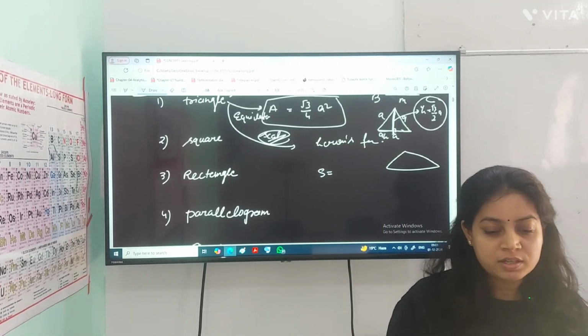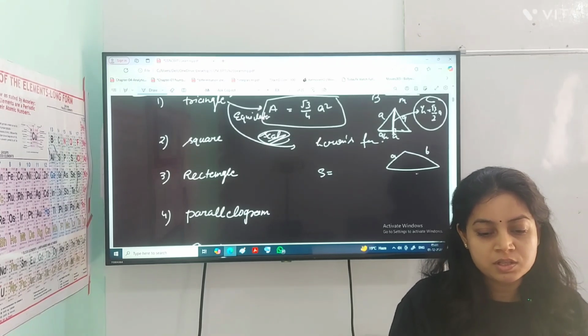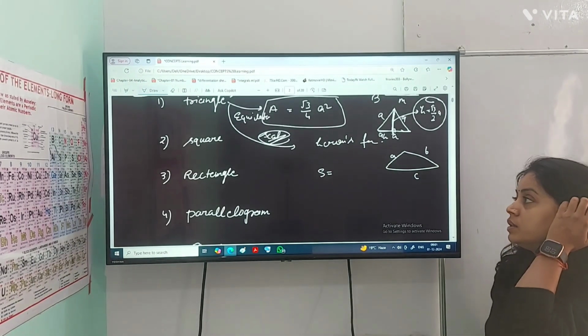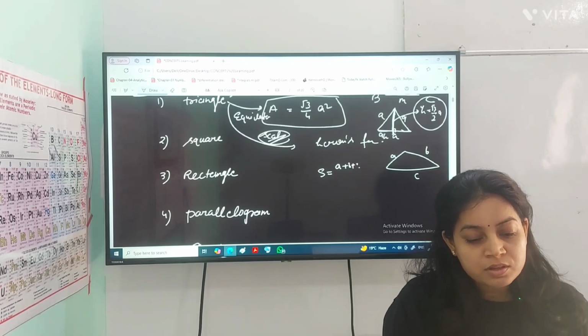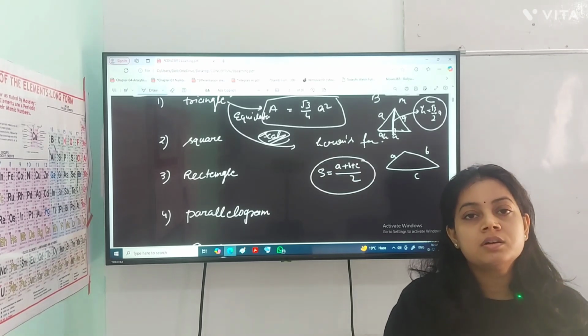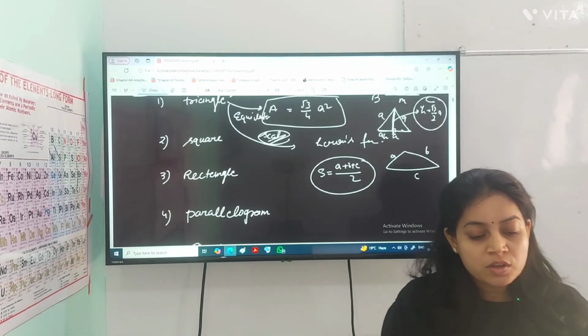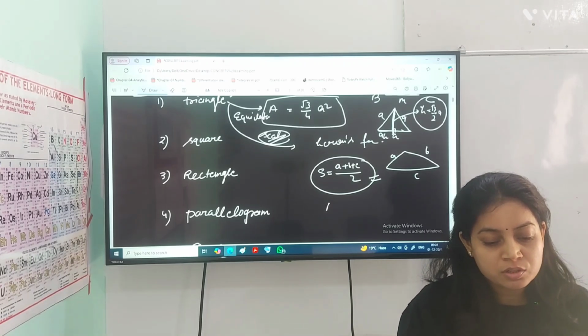In this, we calculate the semi-perimeter. You know, perimeter is the sum of all sides. If all the sides are A, B, C, and they all are different, you calculate A plus B plus C upon 2. This will be the semi-perimeter.